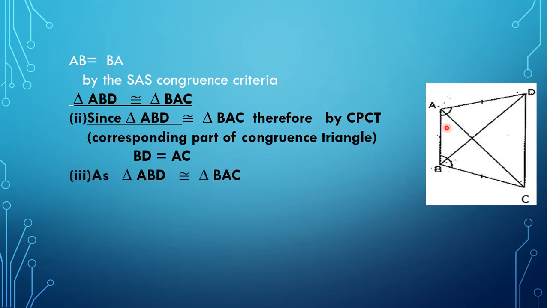And also, since triangle ABD is congruent to triangle BAC, angle ABD is equal to angle BAC by corresponding parts of congruent triangles. So we have proved all three parts of the given problem.